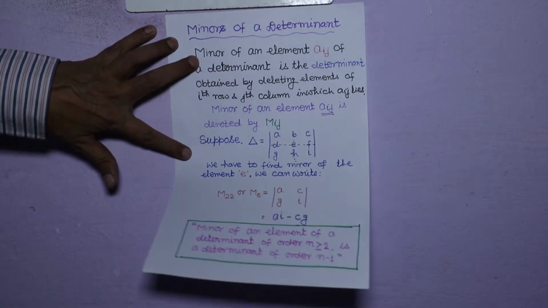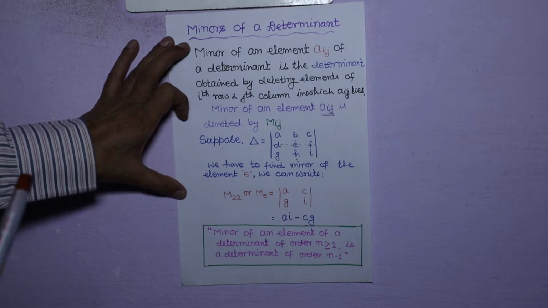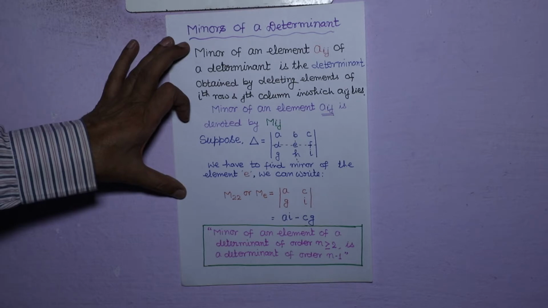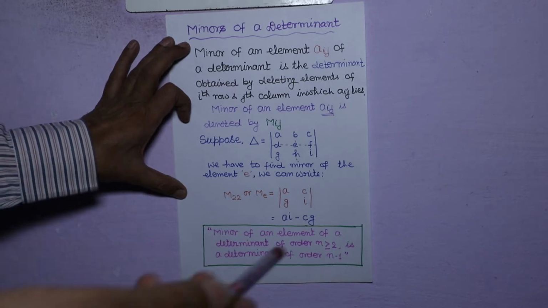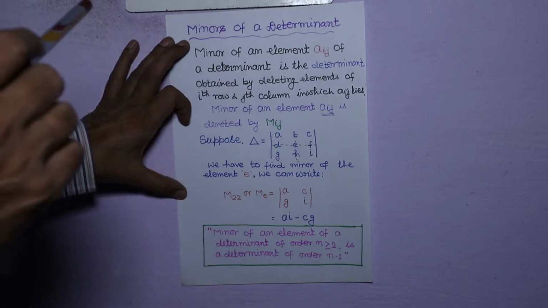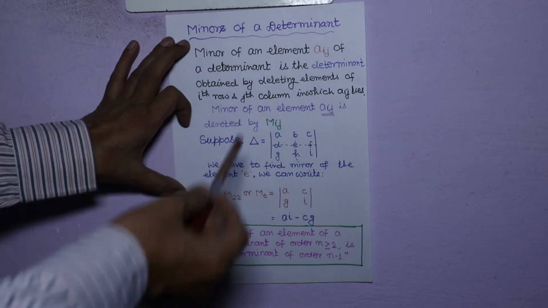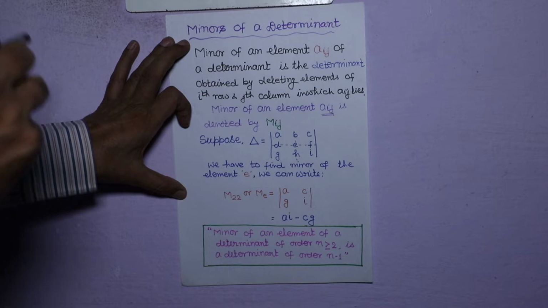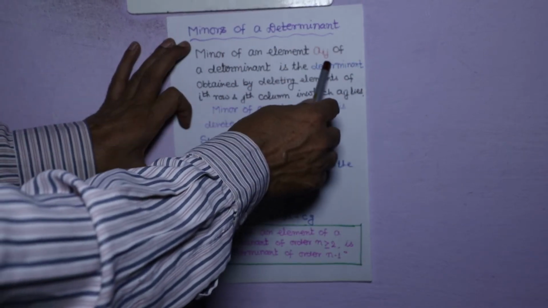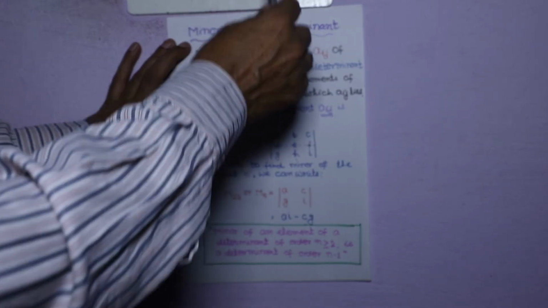Students, if you go back to the first video, what I was discussing, minus 1 to power i plus j into aij into determinant obtained by deleting elements of ith row and jth column. So that was minor. So here we were using minor. So minor is a determinant deleting that row and column elements. So aij, in which row and column this lies, elements of that row and column are deleted.